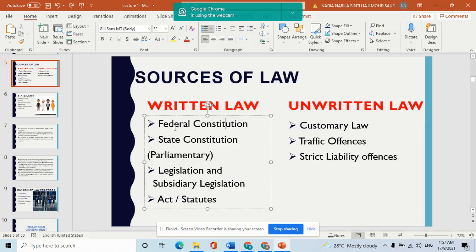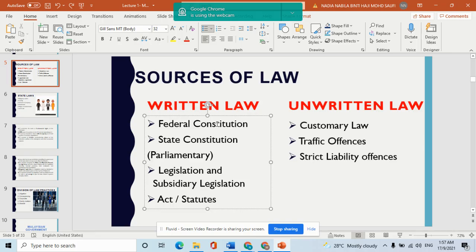If you're a Malaysian, you must be learning about Perlembagaan Persekutuan, because that is where you know what your rights are. Being a Malaysian citizen, your rights are enlisted under this federal constitution, and each nation would have its own. We call it the federal constitution. So if you're a citizen of Malaysia, your rights are written under the FC.